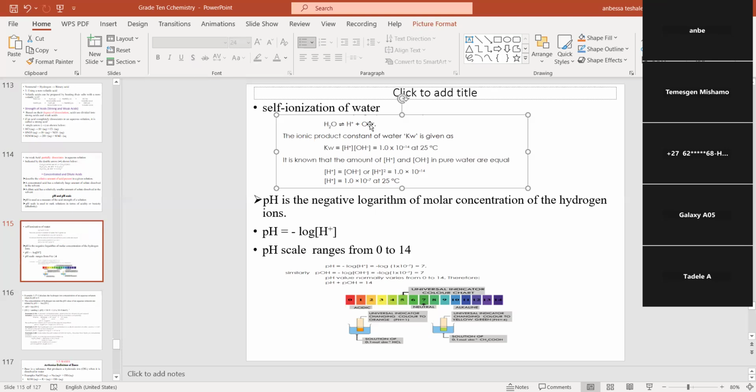Hydroxide ስለ ቤዝ ስናወራ ስለ ሃይድሮክሳይድ እንላለን። ቤዝ ማለት ማንኛውም ሃይድሮክሳይድን ሪሊዝ የሚያደርግ ሰብስታንስ ነው። So Kw is equilibrium constant of water ነው or ionic product constant of water ነው። Ionic product constant of water is equal to concentration of hydrogen ion times concentration of hydroxide. So concentration of hydrogen times concentration of hydroxide is equal to 1 times 10 to the power of minus 14.